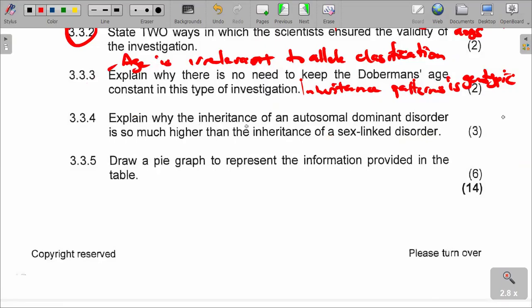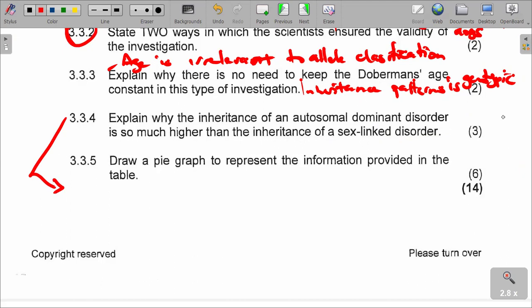Explain why the inheritance of autosomal dominant disorder is so much higher than the inheritance of sex-linked disorder. Why is this like that?